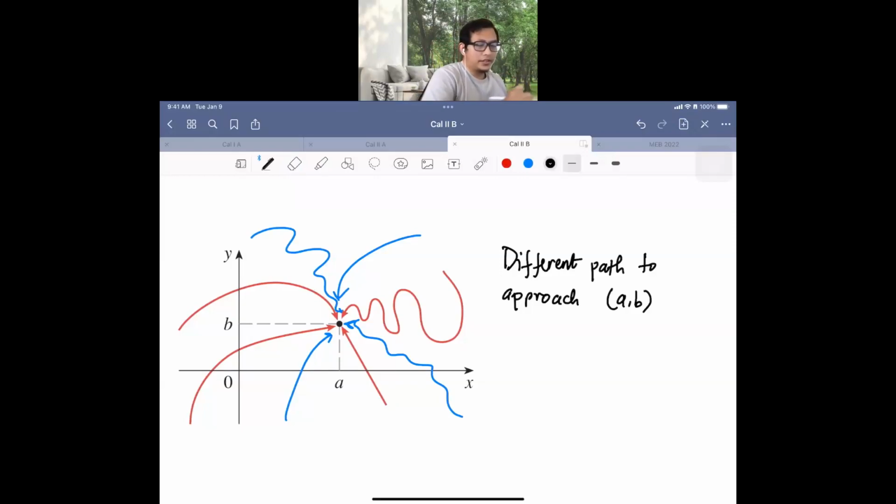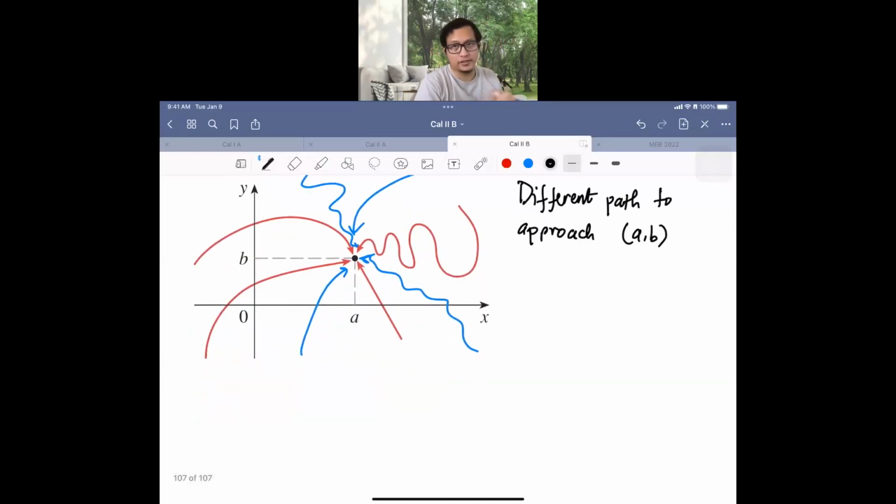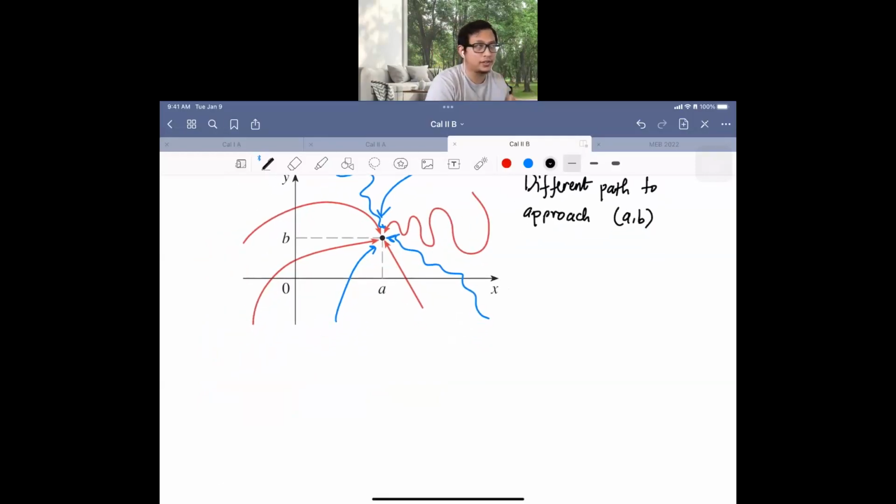Now, for the definition of this limit, whenever you take some path and compare it with another path, if you want the limit to exist, the result should be the same. If not the same, then the limit doesn't exist. So let me write the definition first, and then we can see a more analytical result.